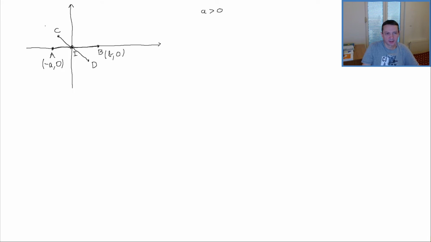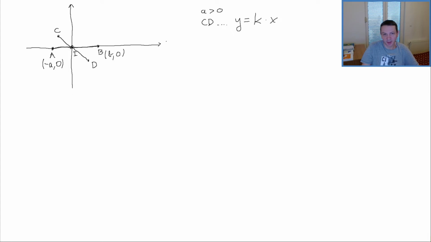And this line segment CD actually lies on one line through the origin, and the equation for such a line is y equal to some coefficient k times x.